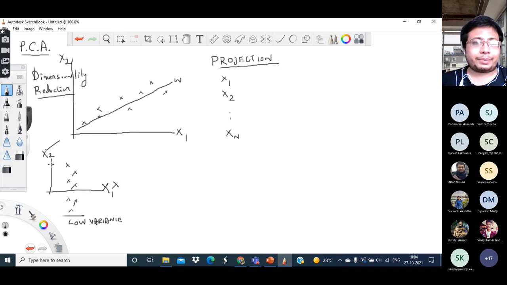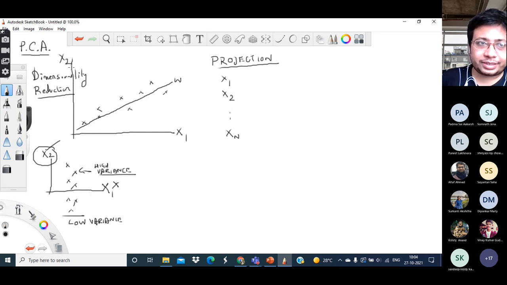On the other hand, x2 is more discriminative. Different data points can have very different values of the x2 feature, so this has high variance. So if we have to consider this two-dimensional data in only one dimension, I would simply drop the x1 dimension and represent the data only according to their x2 coordinates.